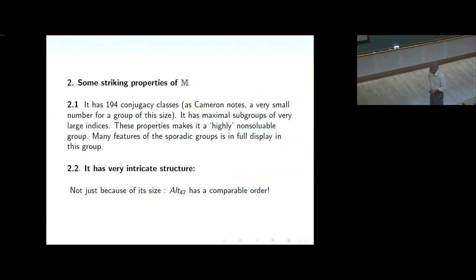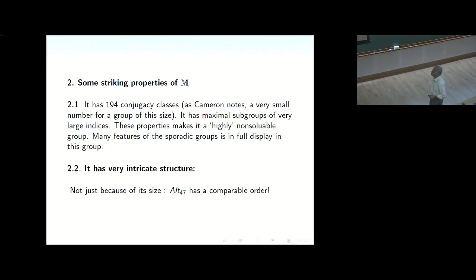This has some very remarkable properties. As far as simple groups, E8 over any field and this monster are perhaps the groups which manifest the Lie phenomena and the sporadic phenomena to the fullest. And it has 194 conjugacy classes.